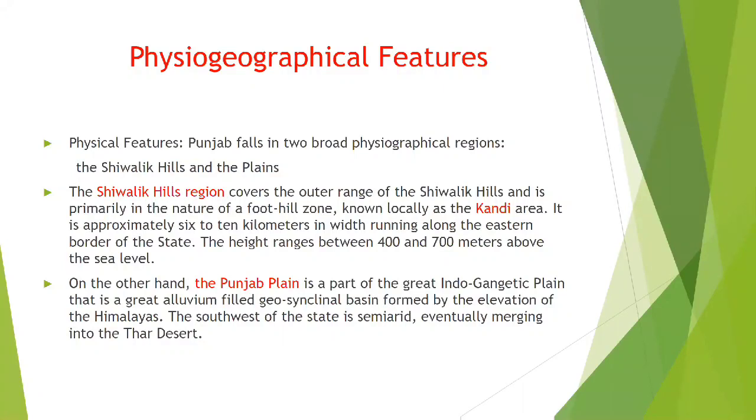The height of this area ranges between 400 to 700 meters above the sea level. On the other hand, the Punjab plain is a part of the Great Indo-Gangetic Plain, which is a great alluvium-filled geosynclinal basin formed by the elevation of the Himalayas. Some areas are totally semi-arid, and some areas are called bait areas because they are subject to inundation and flooding. The southwest of the state is semi-arid, eventually merging into the Thar Desert. This is about the physiogeographical features of Punjab.